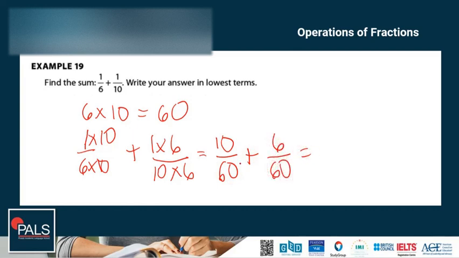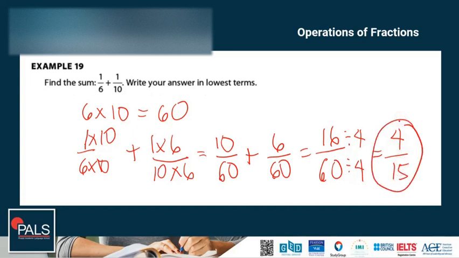Since the denominator is already the same, you can just add the numerators. So we have 16 over 60. Now to simplify the answer, we can divide both the numerator and the denominator by 4. 16 divided by 4 is 4, 60 divided by 4 is 15. So 4 over 15 is the sum in lowest terms.